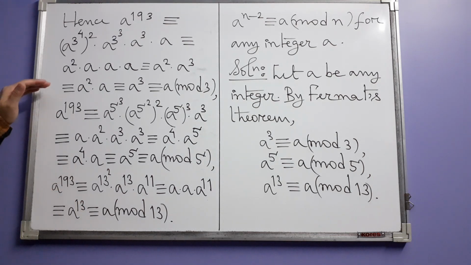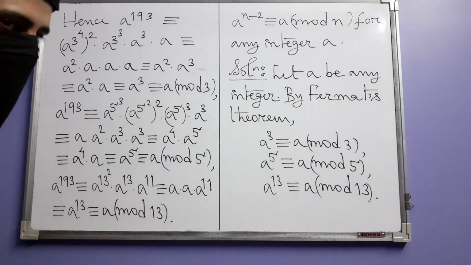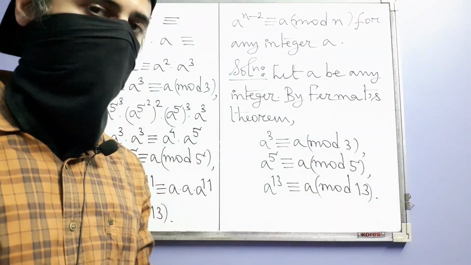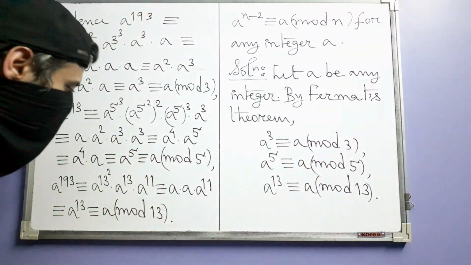Okay, so now we are going to combine these three congruences using the fact that these moduli are pairwise relatively prime.